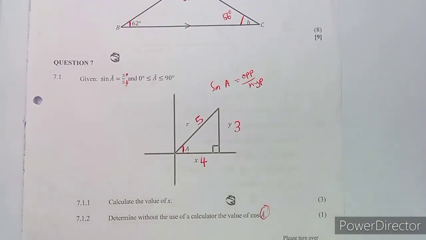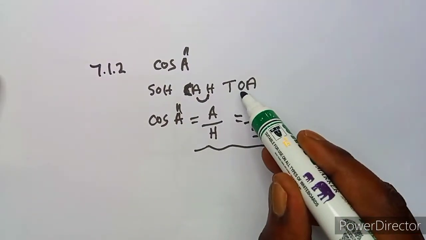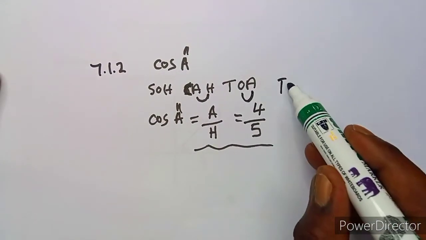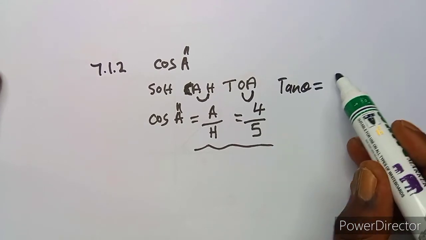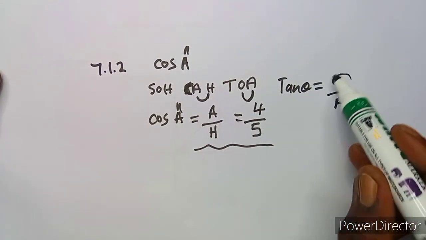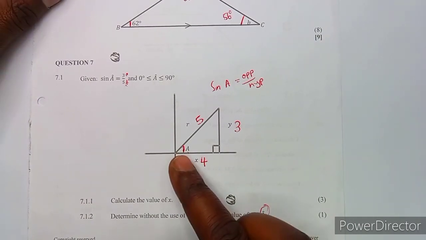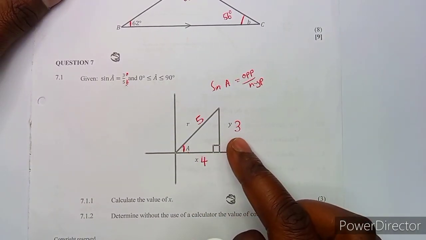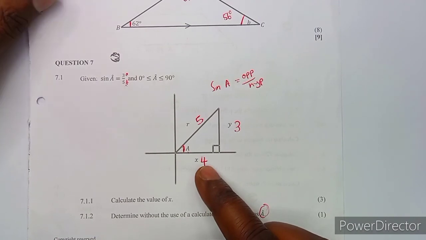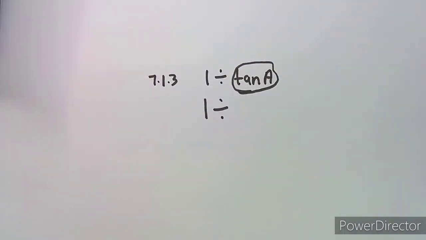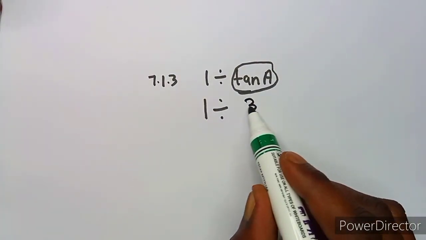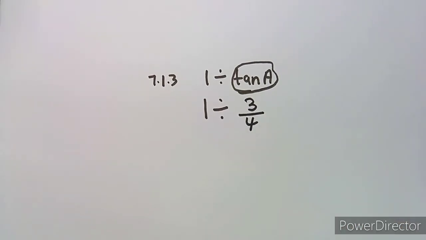From SOH CAH TOA, you can agree with me that tan is opposite over the adjacent. Let's see what the opposite is here. According to A, this is the opposite, which is 3, and the adjacent, which is 4. So it's 3 over 4. It means tan A is opposite 3 over the adjacent, which is 4.